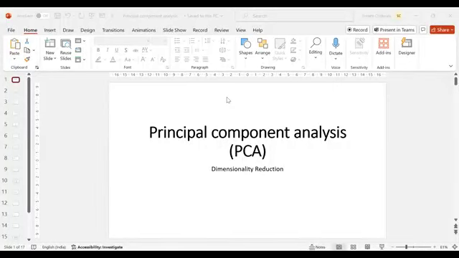So this algorithm is primarily used for feature engineering. It will not provide you the business solution, but it can be used at an intermediate stage for data transformations.